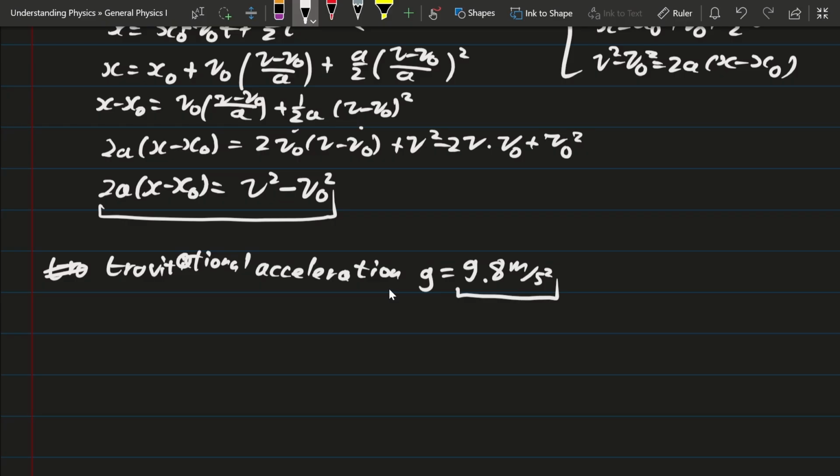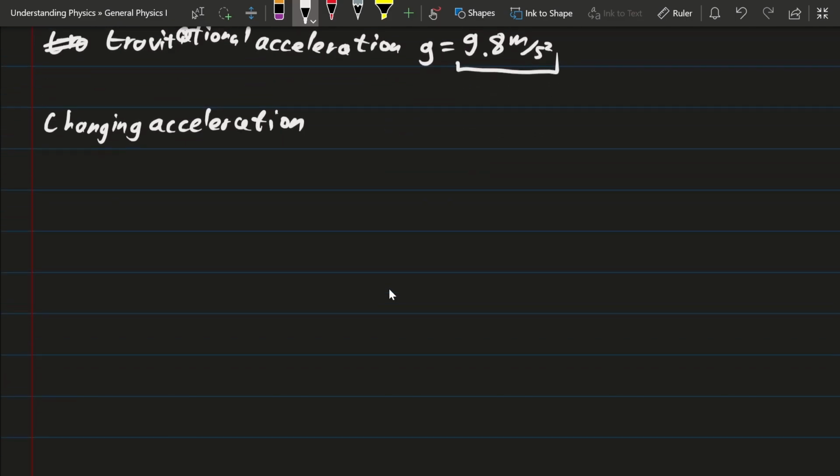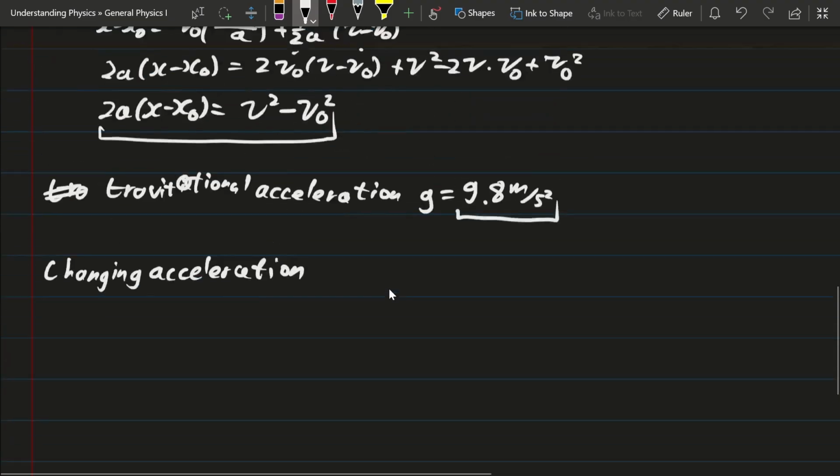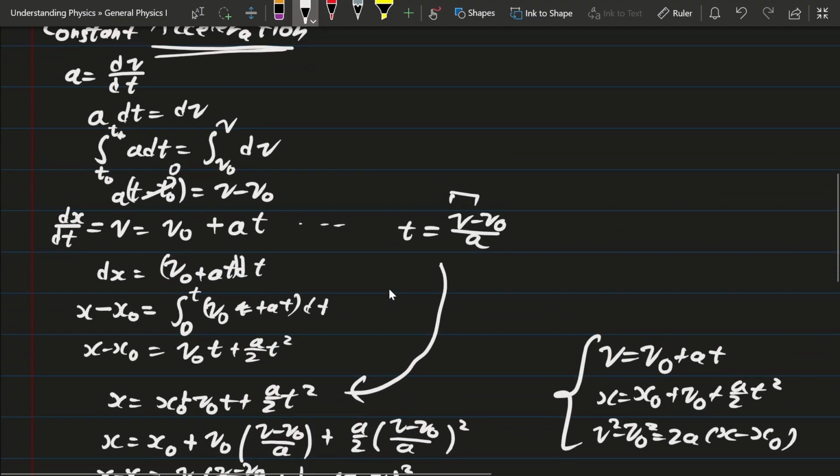But there's something that we didn't discuss, which is we should also try to discuss if the acceleration is changing. So if you have a changing acceleration, the way that you would actually discover its position and velocity is through calculus. If you have not realized it or not, previously I used calculus to derive the equations for a constant acceleration.